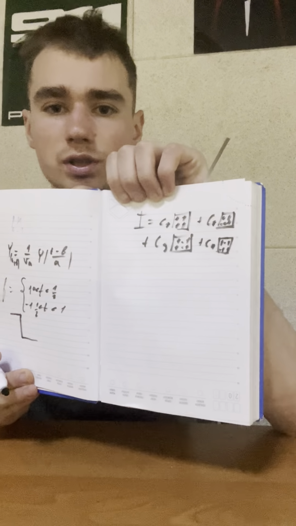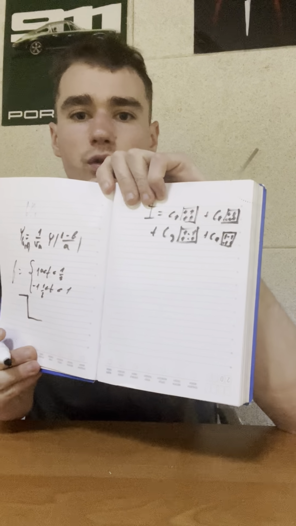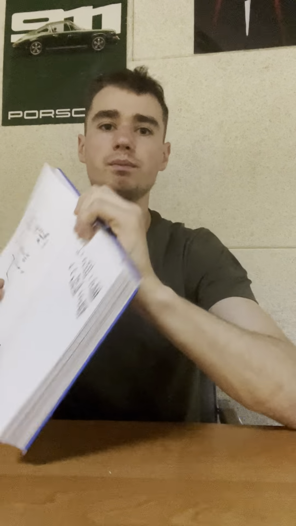So I have written this for a 2x2. We can see 4 matrices with the coefficients, and then I will describe how to do it with bigger matrices, 4x4, for example.